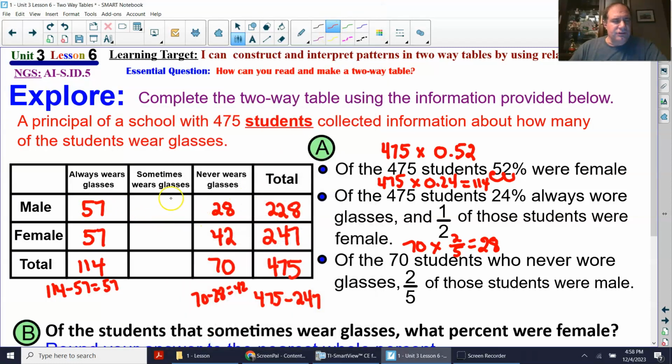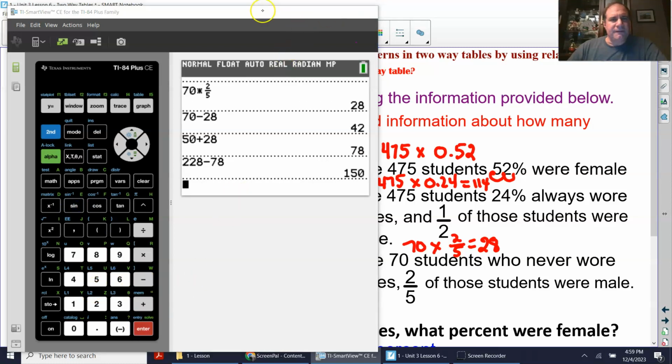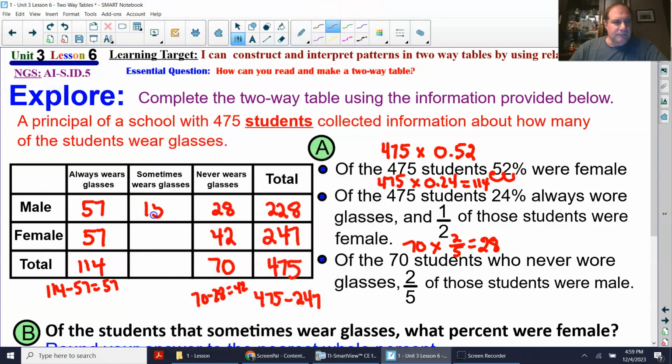And so these two, when you add them up, would be 78, and then you subtract the 228 from it. So 228 minus the 78 would be 150. So you get that like this plus this plus this. 57 plus 150 plus 28 should be equal to 228.